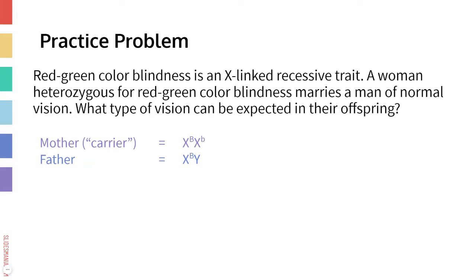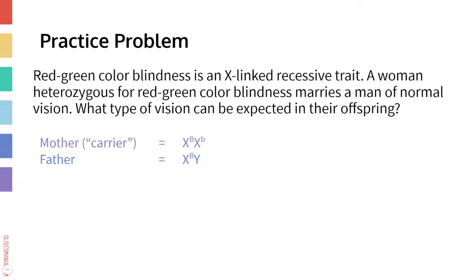So from this, we know that the mother is going to be heterozygous. And remember, we're going to use X's as our base letter. And then heterozygous, so one copy of the dominant allele, or big B, one copy of the recessive allele, or little b. And the word that we use for people that are heterozygous for diseases, we call them a carrier for the disease, because they don't show it themselves.